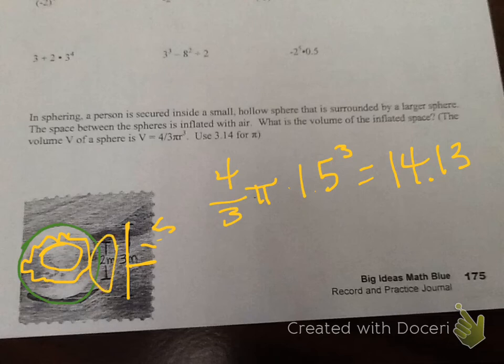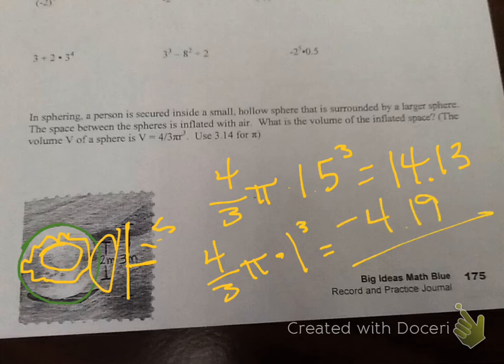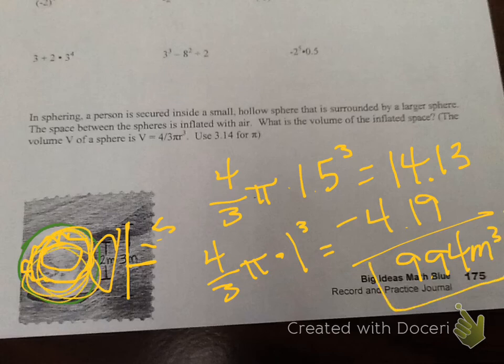The radius here would be 1, so 4/3 pi times 1 cubed. And on that one we get 4.19. So we subtract the 2 and we get 9.94 meters cubed for the volume of the space inside the two, where the air is inside the two spheres.